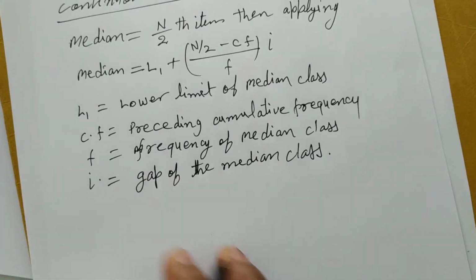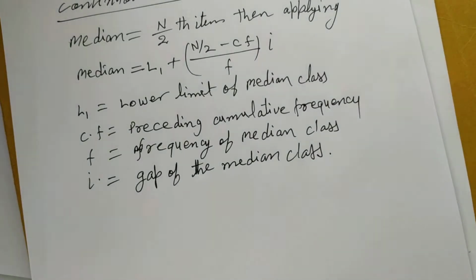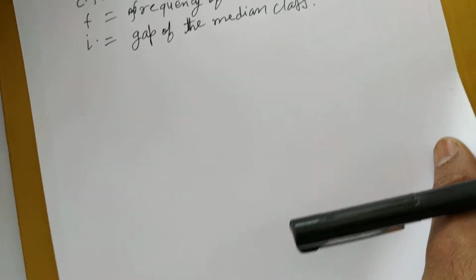So this is the formula for median in continuous series.